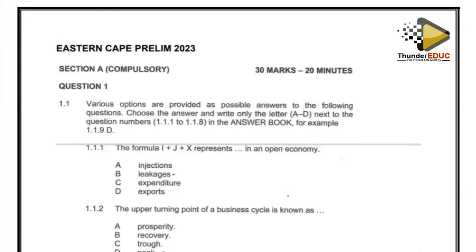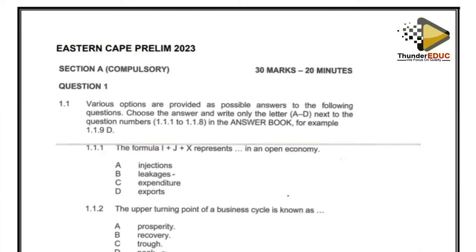So now when we talk of an open economy, it is the economy where the foreign sector is actually included. But in a closed economy, we exclude the foreign sector. We only consider three market participants for a closed economy. But when it comes to an open economy, we take into account four market participants.